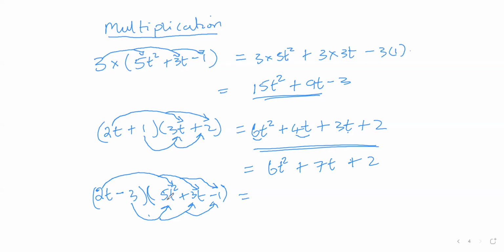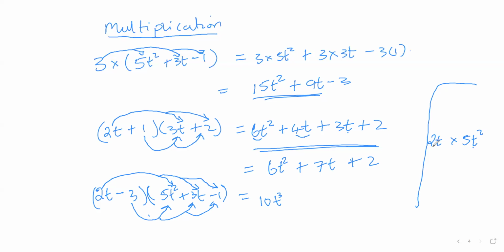2t times 5t squared becomes 10t cubed. Notice how I got my 10t cubed using my laws of exponents. That's why we started this chapter with the laws of exponents, because we knew that we needed to use it in the subsequent sections. So just quickly, let me recap that. Look at this. 2t times 5t squared. All right. The laws of exponents says when you are multiplying expressions with the same base, t, you can add their powers.